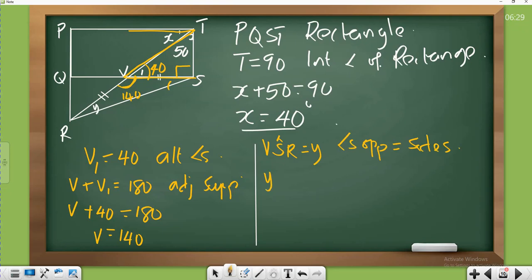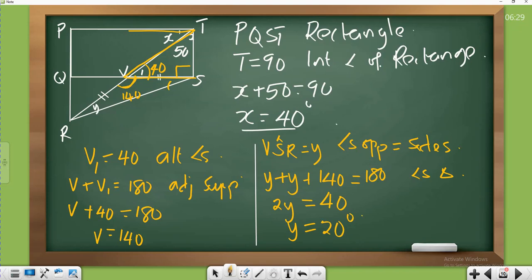So y plus y plus 140 should be equal to 180, sum of angles in a triangle. So 2y equals, can I move the 140 over? 180 minus 140 gives me 40. Divide both sides by 2, and y will be equal to 20 degrees.